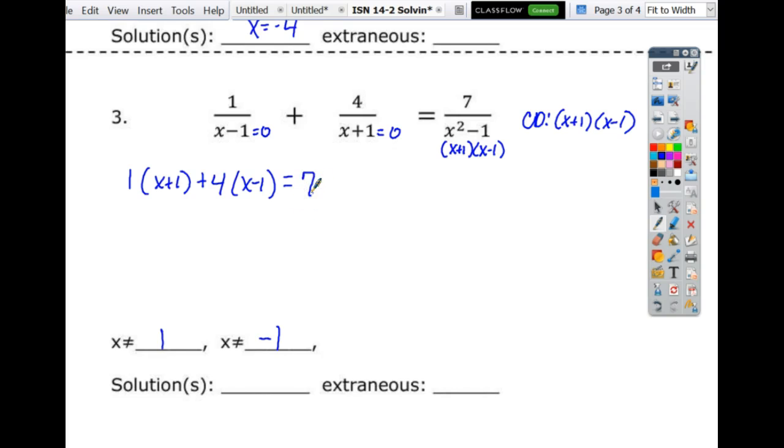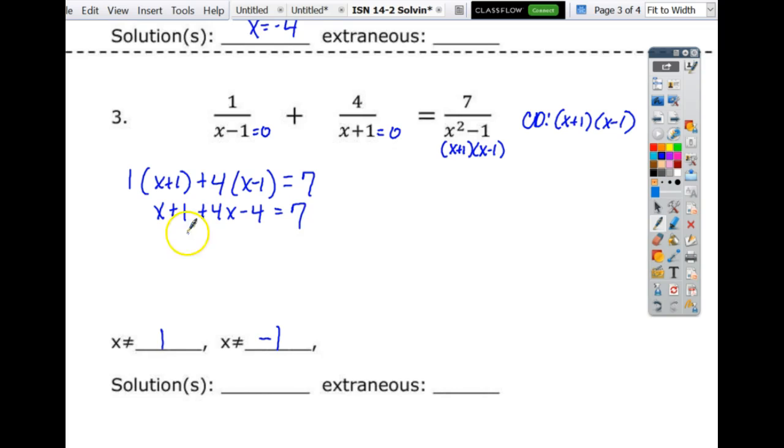So I'm writing down the 7, and both of these cancel, so I don't have anything to multiply by. Okay? So I wrote them out so you could see how they're all canceling, but you don't have to write it all out, right? It's faster not to. So you want to be careful not to miss any terms, though. So here I'm going to get x plus 1 plus 4x minus 4.